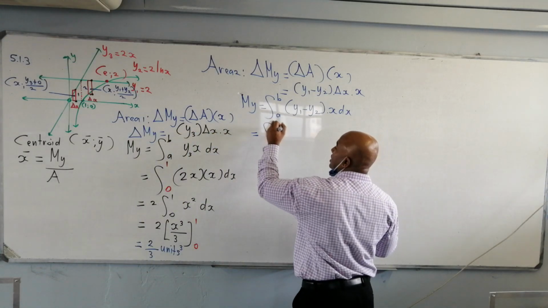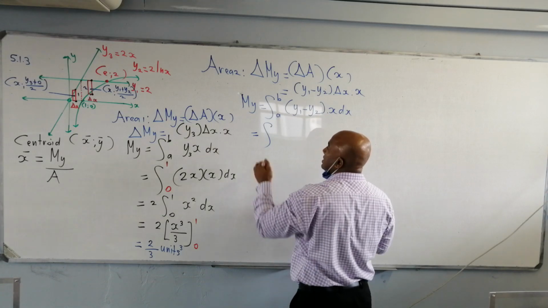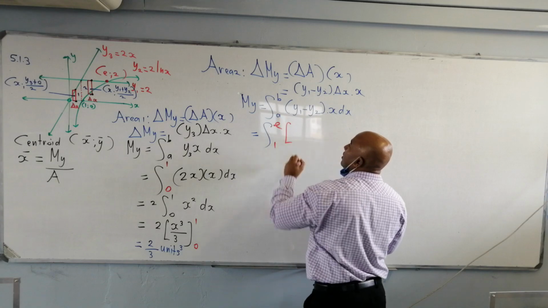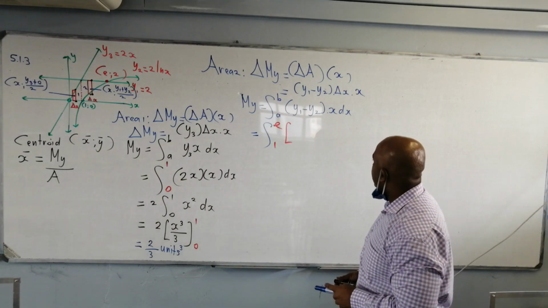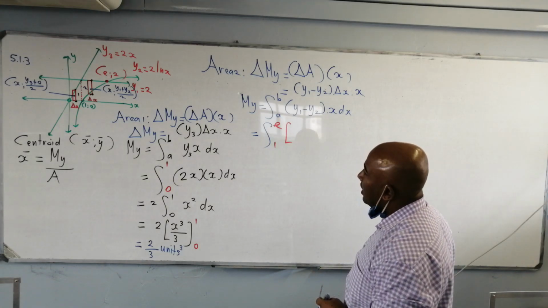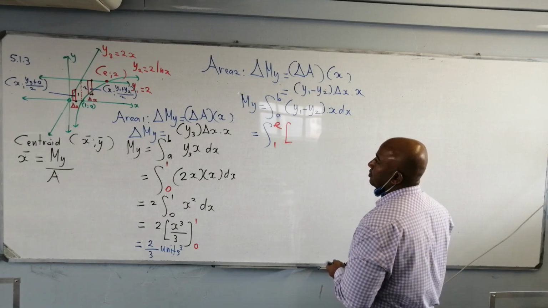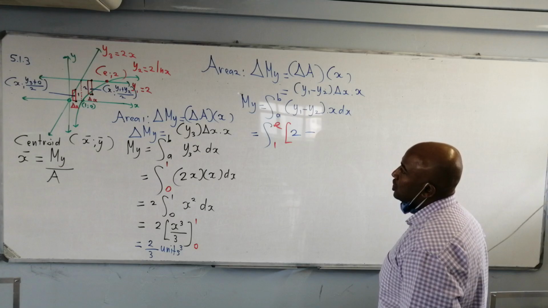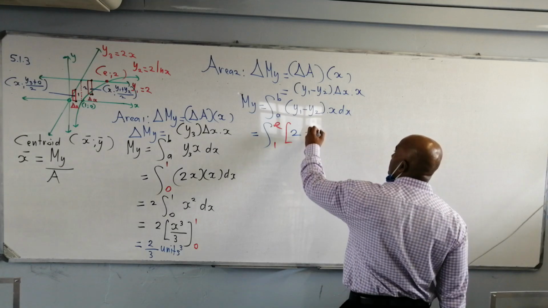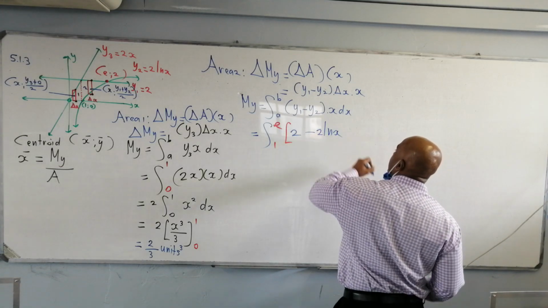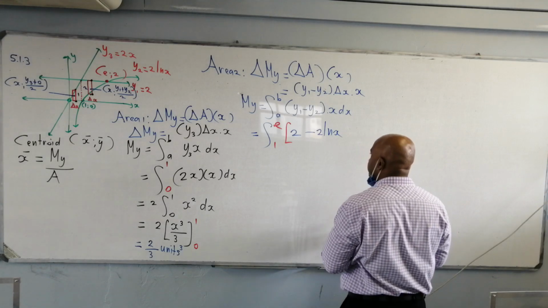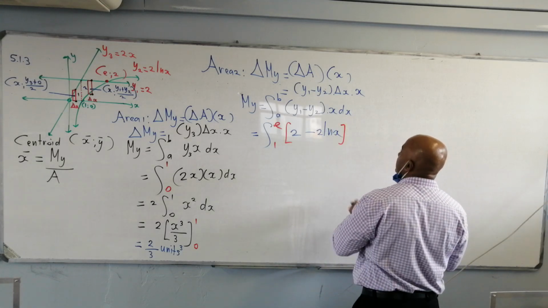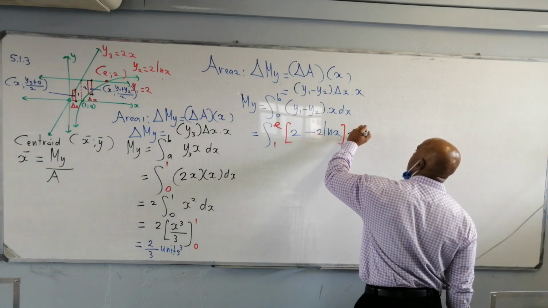Remember, the point of intersection there was e, and that is 1. What is y1? So y1 is 2, minus what is y2? y2 is 2 ln x, multiplied by x.